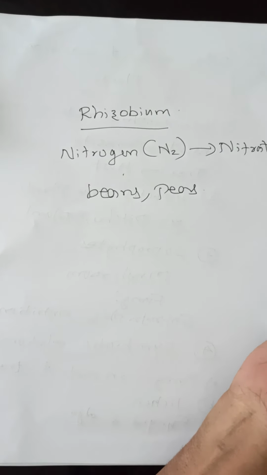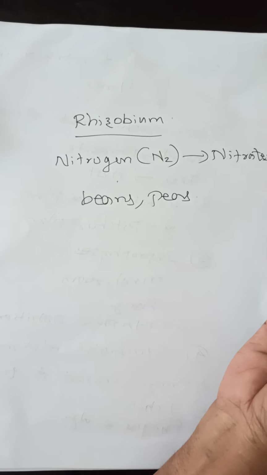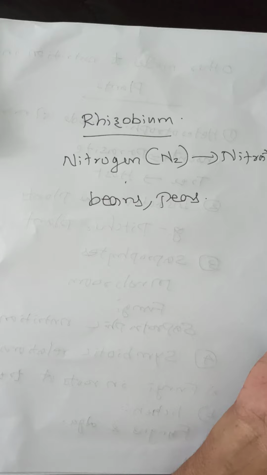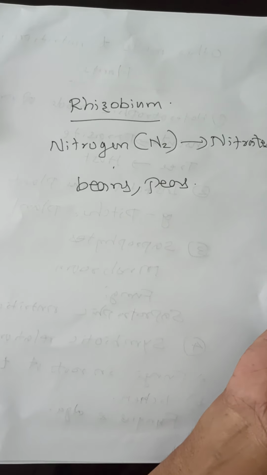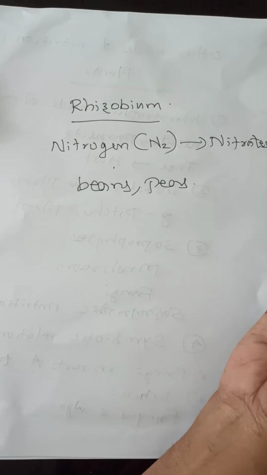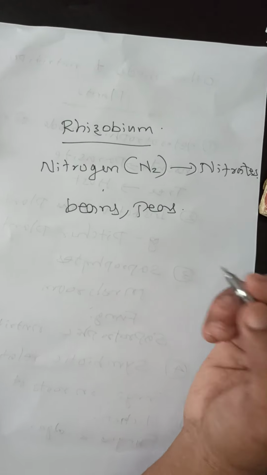You might have observed what the farmers are doing. If they continuously cultivate the same crops on the same land, they will not get much yield. So what they do is alternate, and after paddy cultivation they cultivate beans and so on.